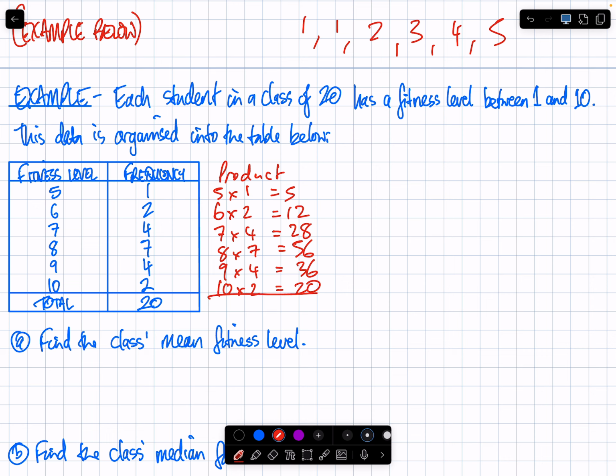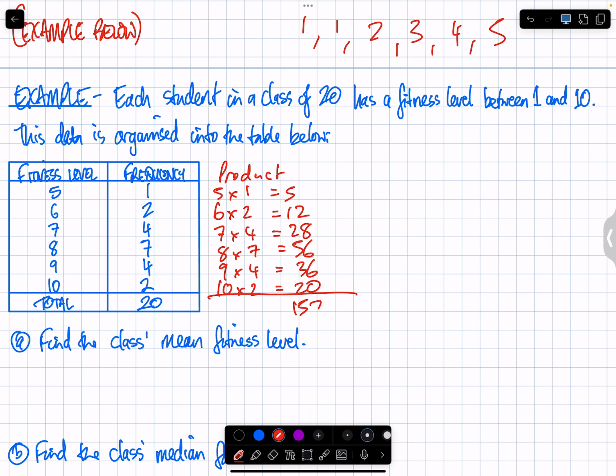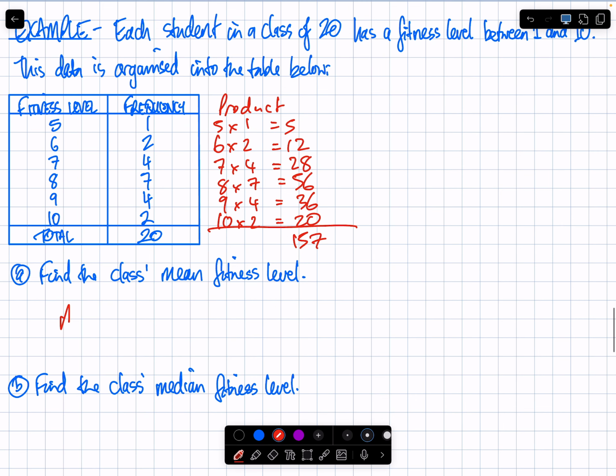So if you total that up, 5 plus 12 plus 28 plus 56 plus 36 plus 20, 157 is the total. So do I currently know the sum of all the numbers? The mean is going to be 157 divided by, is there anywhere in that table that tells me how many bits of data there were?